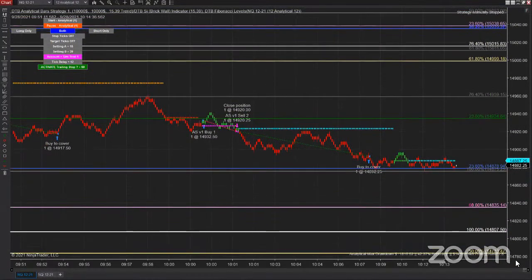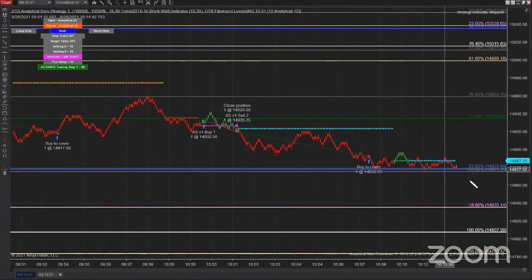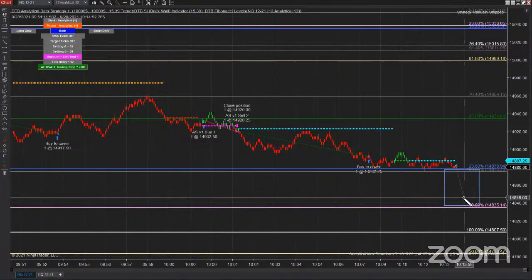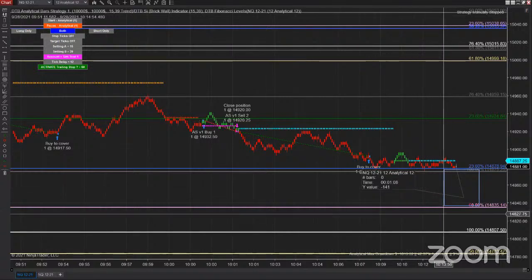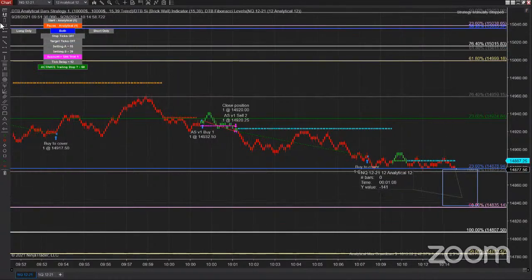Looking below this, below this 23.6, we've got a nice gap for the price too. Quite a big gap in this area for the price to go to. That's at least 140 odd ticks in price movement.